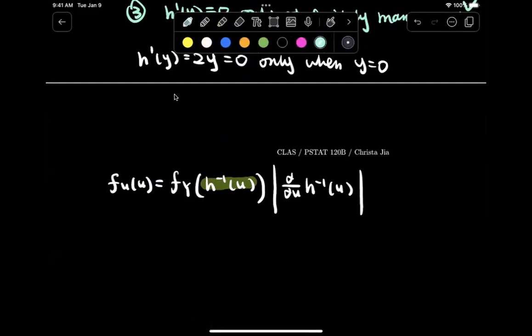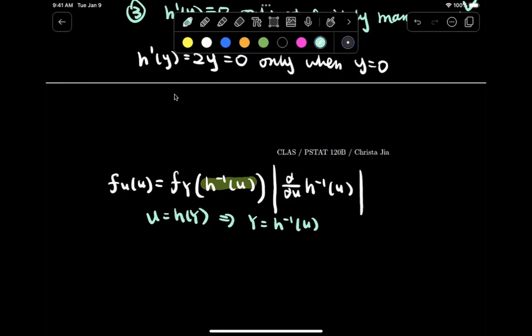So this is how I would do it. So let's see, u is equal to h of y. This implies y is equal to h inverse of u. So to find the inverse of h, what we need to do is to express y as a function of u, and then whatever we get is the inverse.